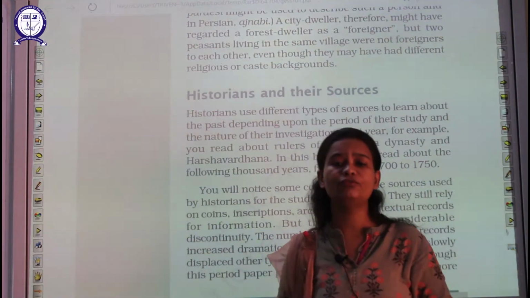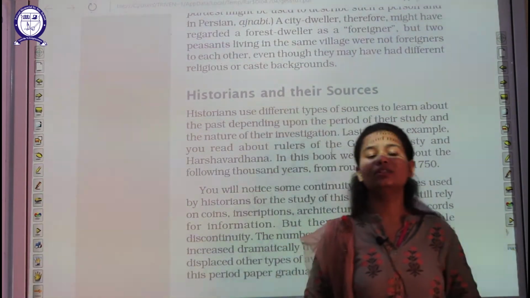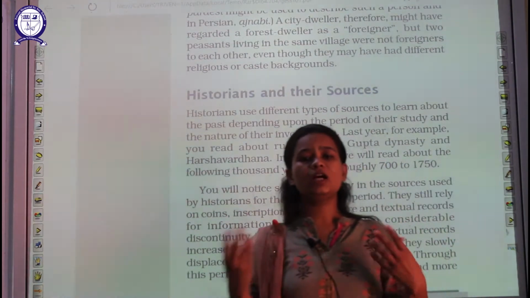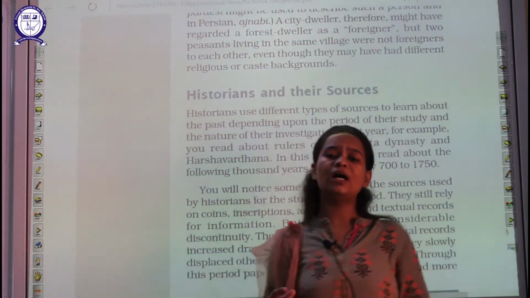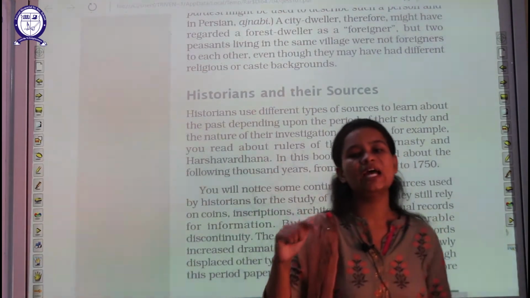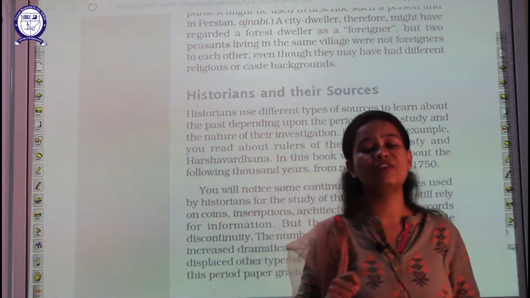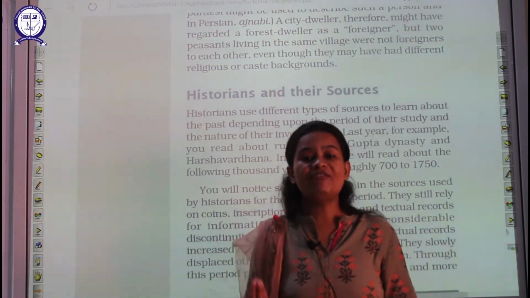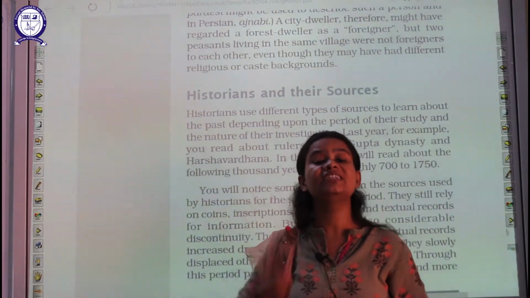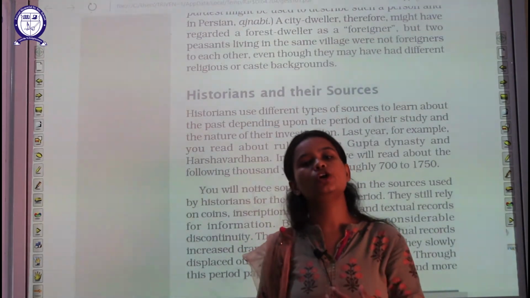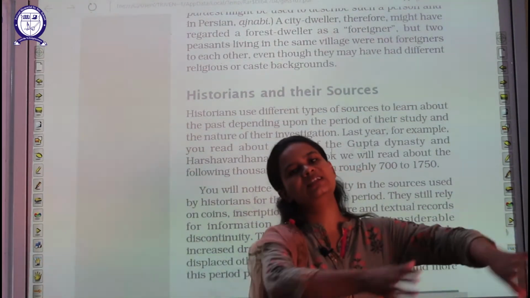As I told you in the starting of the chapter, how do we come to know about history, what happened in the past? We come to know with the help of our historians and archaeologists. They find certain evidences, they investigate various sources which tell us that this might have happened in the past.